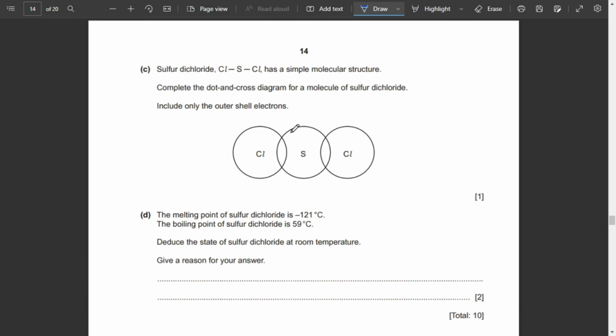So let's begin. We have 1, 2. We have this one from sulfur and one from chlorine, because chlorine requires 1 electron to fulfill its octet.